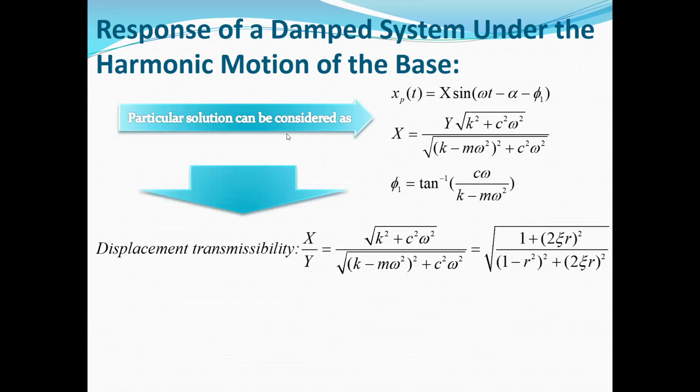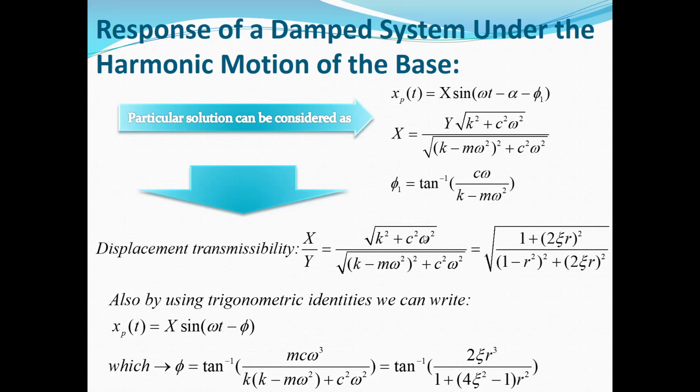And now we define a new parameter, which is called displacement transmissibility, or DT, which is the ratio of uppercase X, the amplitude of the response, to uppercase Y, which is the amplitude of the base excitation. If you substitute and simplify, you can see that the DT or displacement transmissibility can be obtained as a function of zeta and frequency ratio, where zeta is the damping ratio and R is the frequency ratio, and R is equal to omega divided by omega n, or the ratio of omega to omega n.